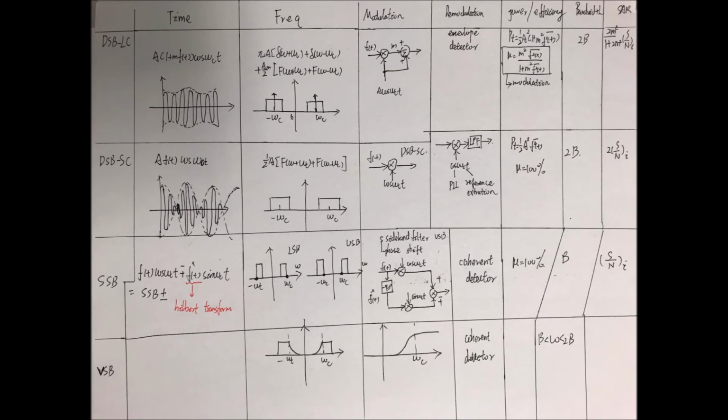So, summary for chapter 5. The first one we talk about in the AM family is double sideband large carrier AM.